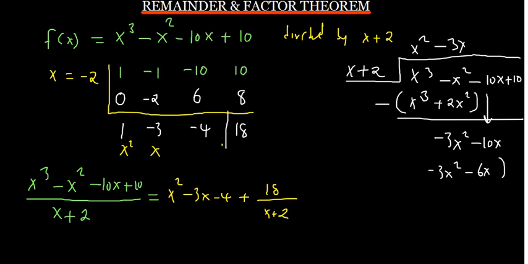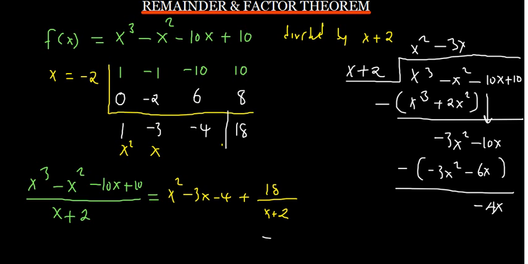And then again here we are going to subtract. Negative 3x squared minus negative 3x squared is 0. Negative 10x minus negative 6x is negative 4x. Pay attention: negative 10x minus negative 6x is what? Negative 4x.